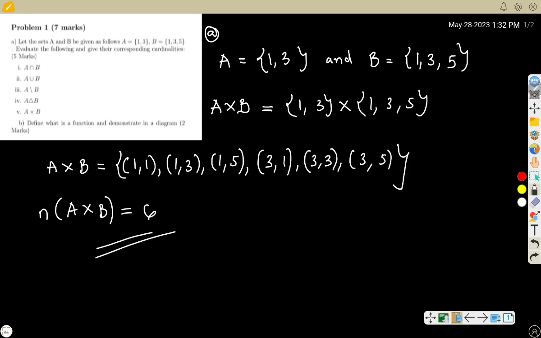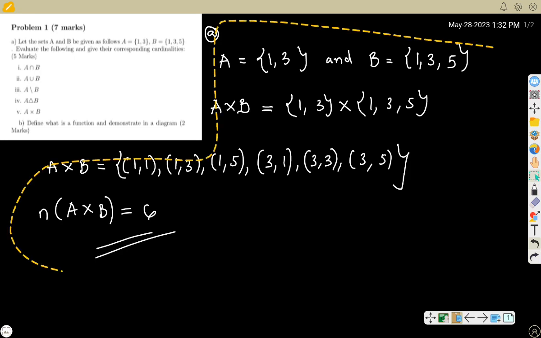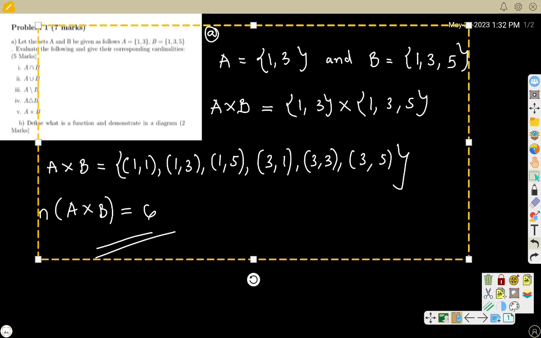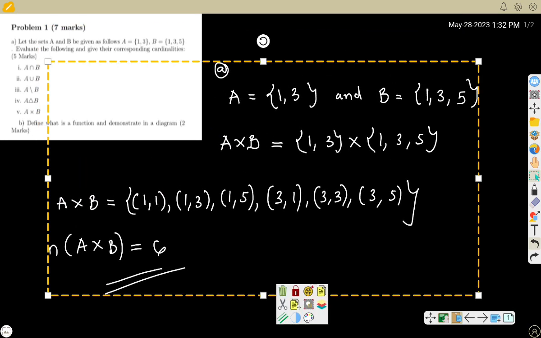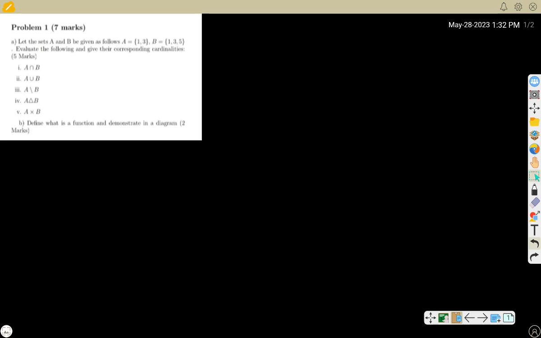So the next one is B part. So we are through with the A part now. So the B part: define what is a function and demonstrate in a diagram.